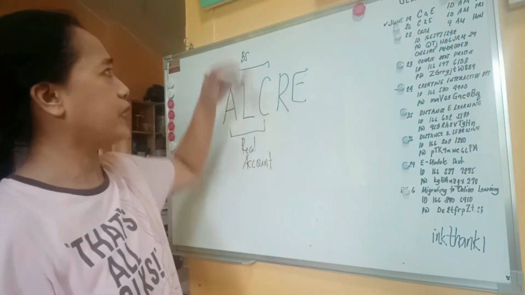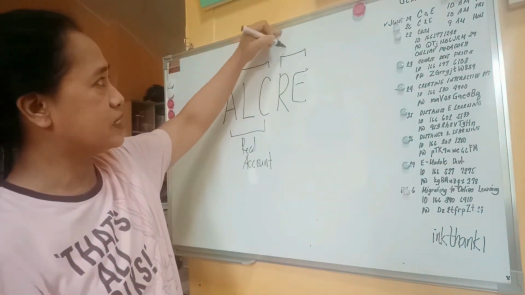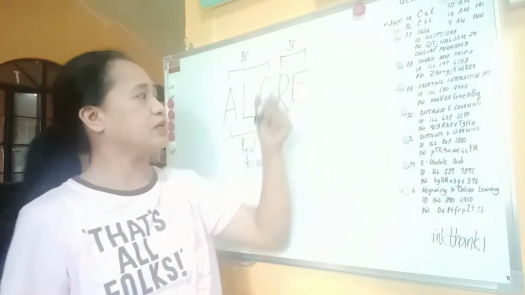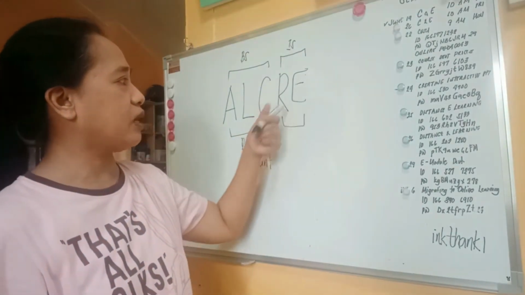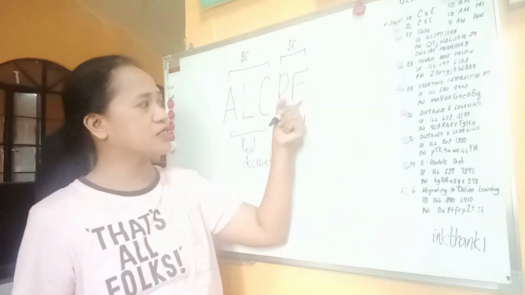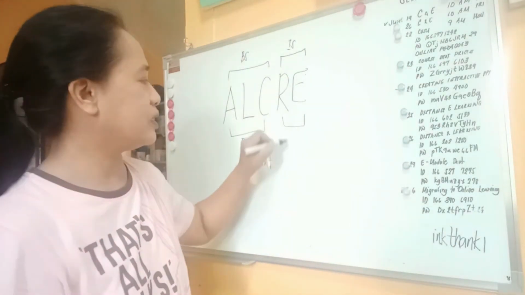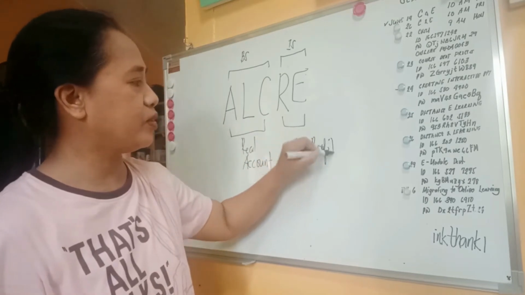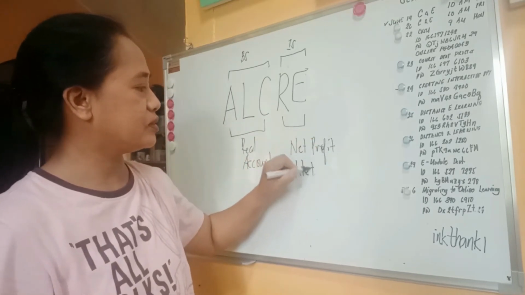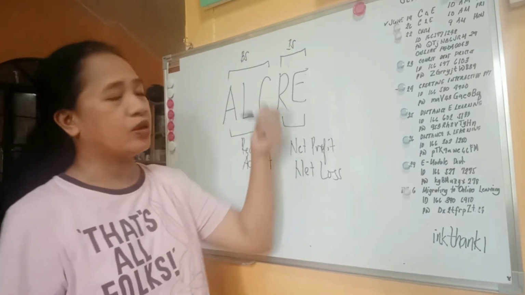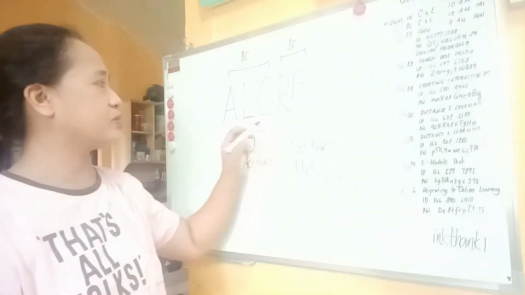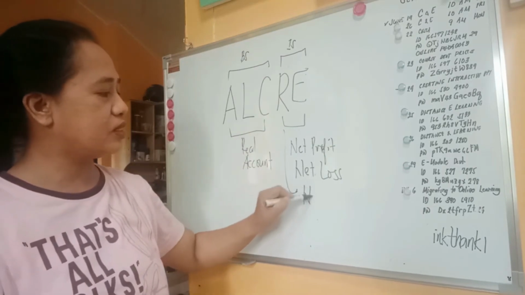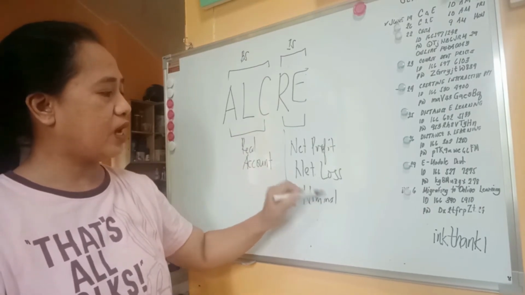These 2 are part of what we call the income statement. Okay? Income statement. So when we deduct revenue minus expense, it is equal to either a net profit or net income or a net loss. Okay, we call it a nominal account. So instead of calling it a real account, we call it a nominal account.